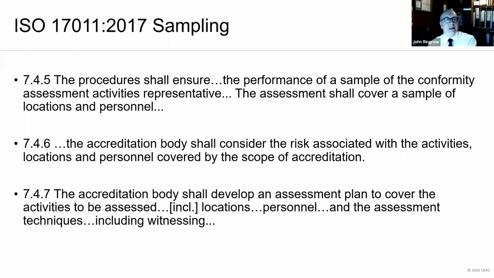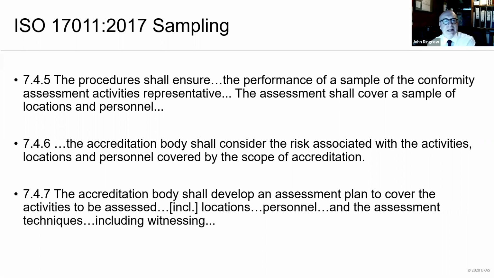parts of this particular standard requires sampling. So the procedure shall ensure, that is the accrediting body's procedure, that the performance of a sample of the conformity assessment activities is representative; the assessment shall cover a sample of locations and personnel.